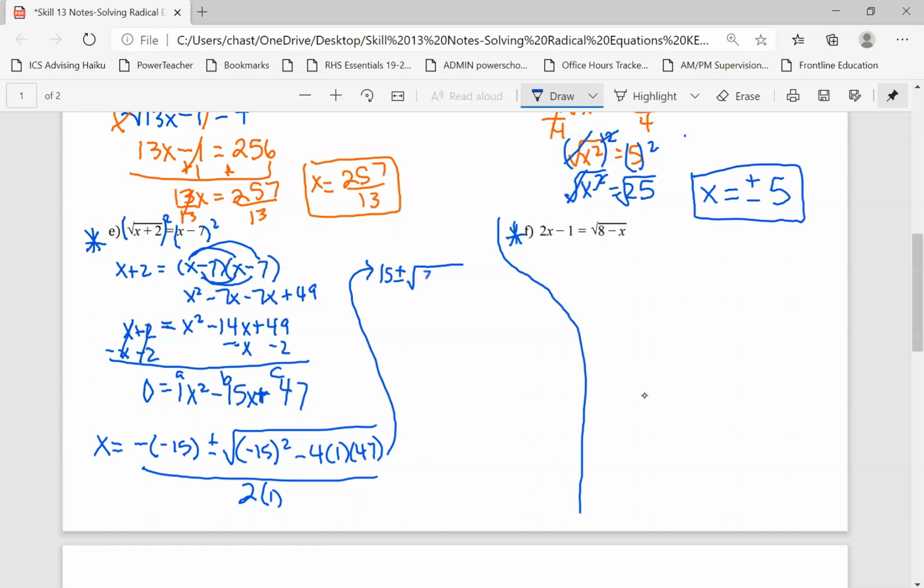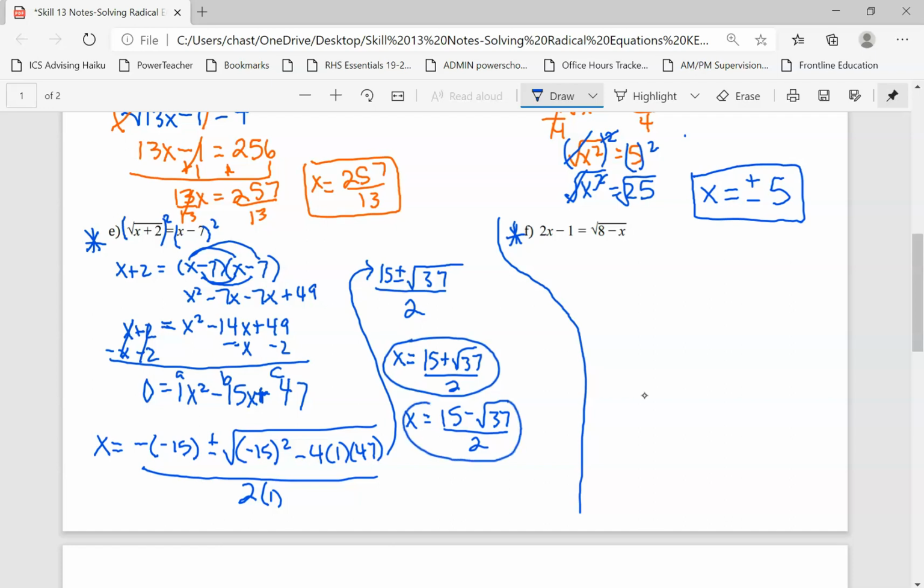We get 37 in the square root. Alright, and then when I look at this, there's no way to finish that answer, so we get 15 plus radical 37 over 2, and 15 minus radical 37 over 2.